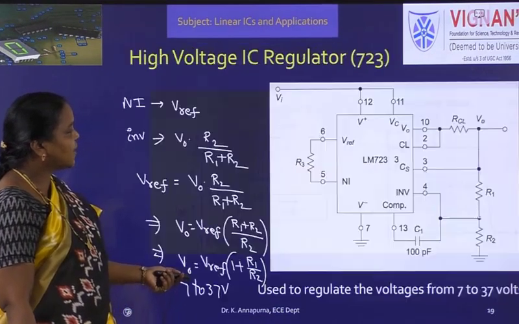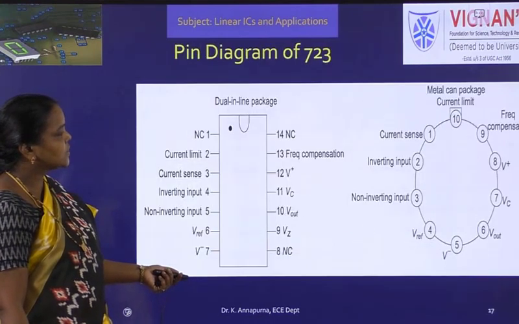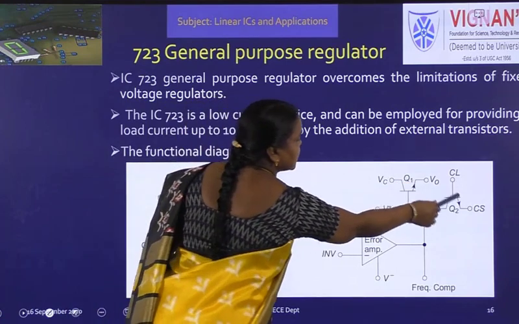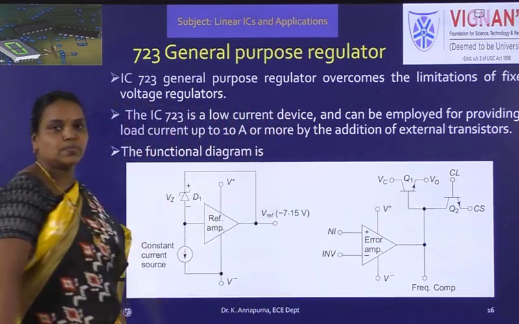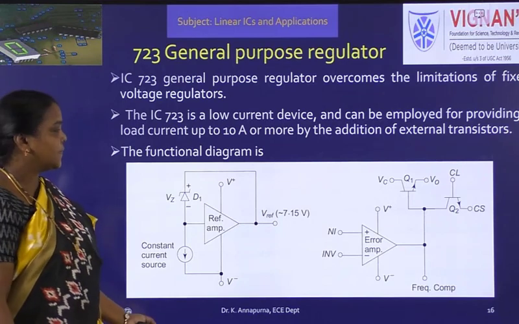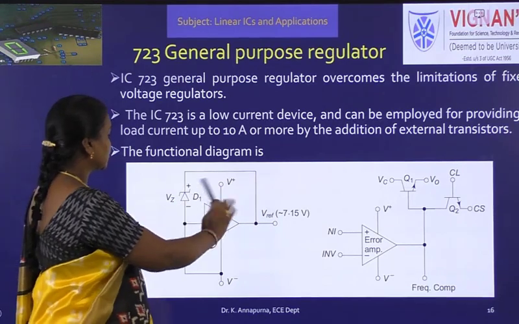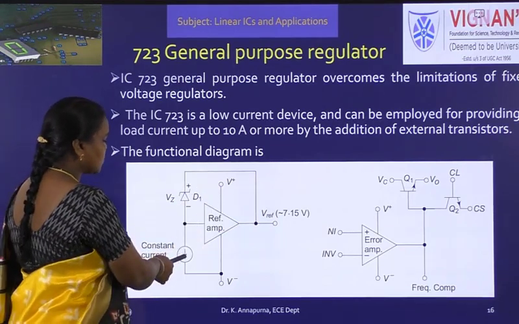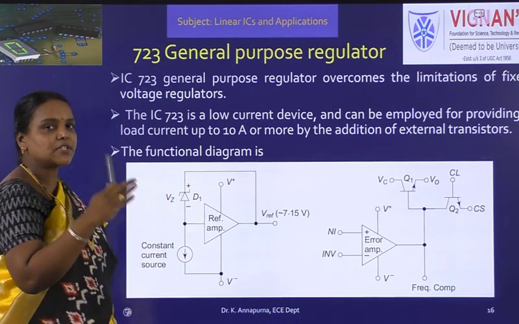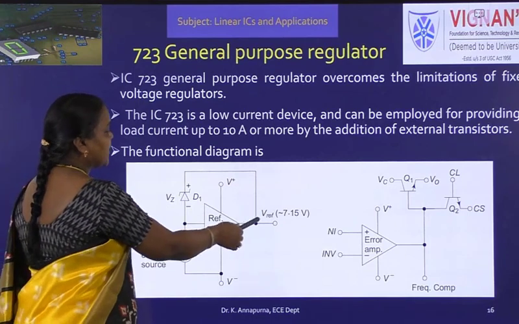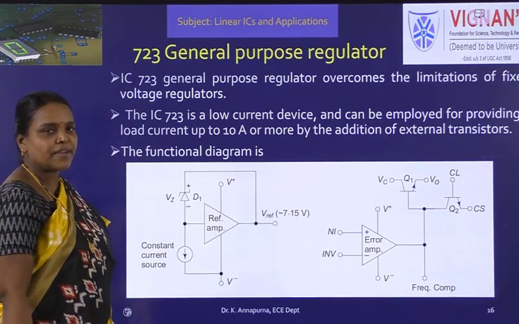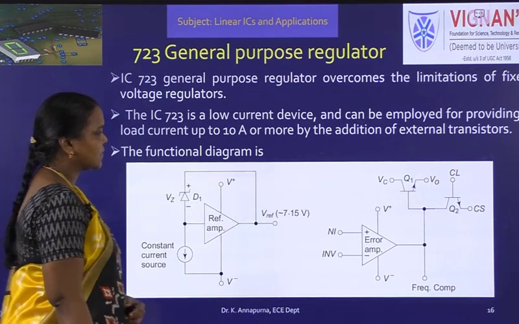And in the functional diagram you have seen this CL, CS and Q2. So now let us see what is the function of it. Okay, so already all the remaining blocks are covered. This current source is to bias the Zener diode in the reverse breakdown region, so finally it will give us constant DC voltage of 7.15 volts as reference.